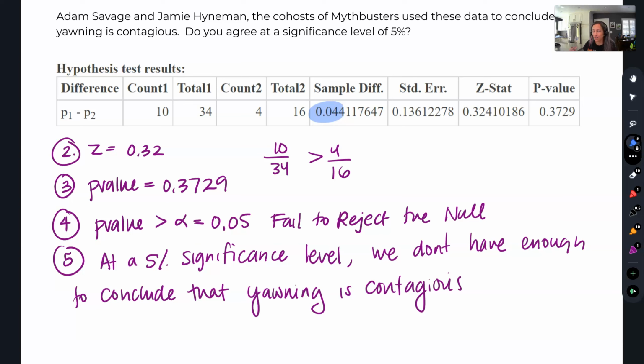In the race and resume study, we had sample sizes over 2,000, and here we have sample sizes of 34 and 16. So the sample size is probably the issue here more than anything else. There is, of course, the difference too in the magnitude of those proportions to begin with. So a 4% difference doesn't make as big of an impact when our proportions are around 25% as a 4% difference did when our proportions were around 10%.